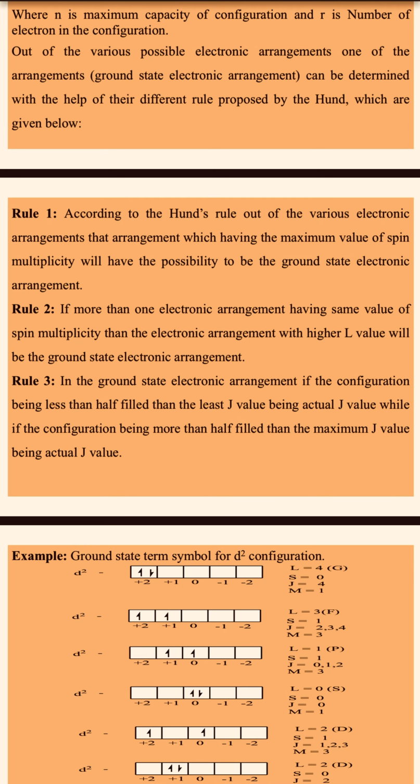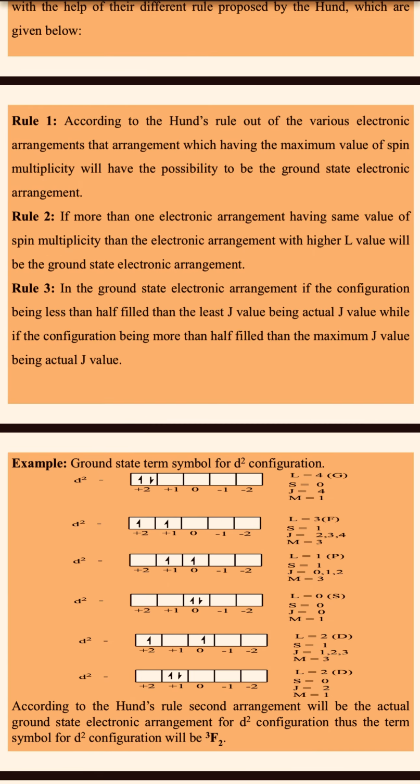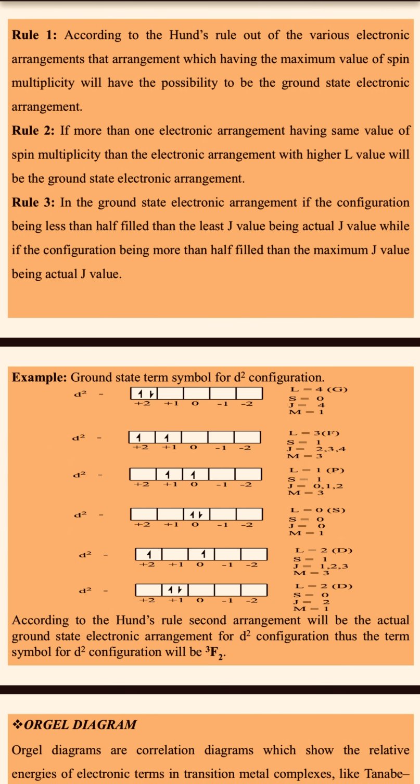Then, if more than one electronic arrangement has the same value of spin multiplicity, the electronic arrangement with the higher L value will be the ground state arrangement. The third rule: in the ground state electronic arrangement, if the configuration is less than half filled, the least J value is the actual J value, while if it is more than half filled, the maximum J value applies. That is, for less than half filled we consider L minus S.